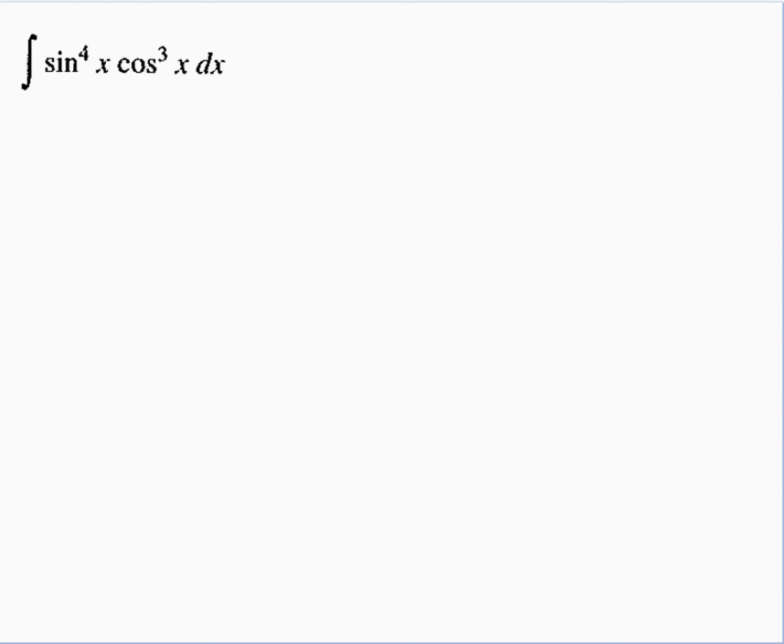All right, so now we have both functions involved here. Sine is to an even power, cosine is to an odd, and we always want to change the odd one using the identity. So we will do that here.